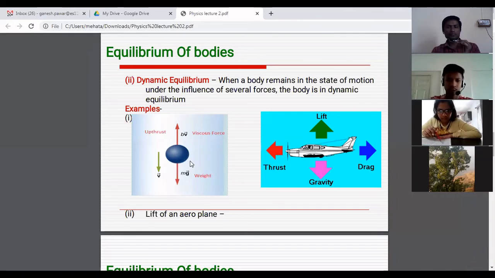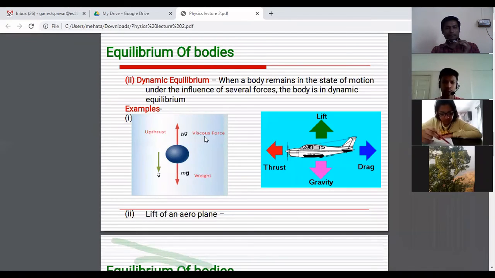The raindrop is in dynamic equilibrium because the raindrop is under gravitational force because of its weight, and since it's moving through air, the raindrop exerts a force on the air, so the air is also exerting a force on the raindrop, which is the upthrust.